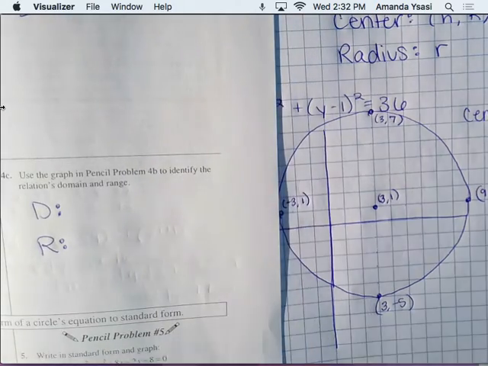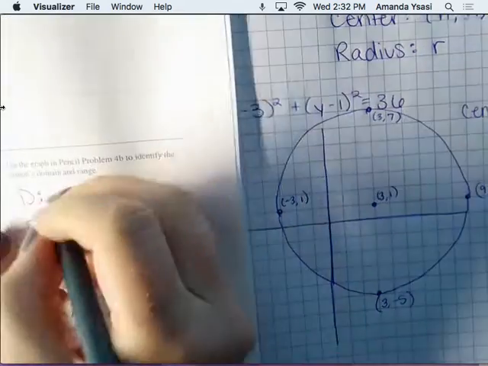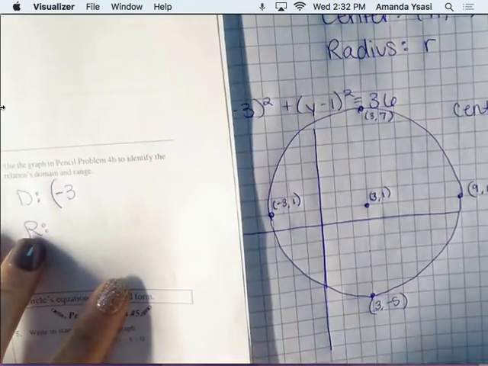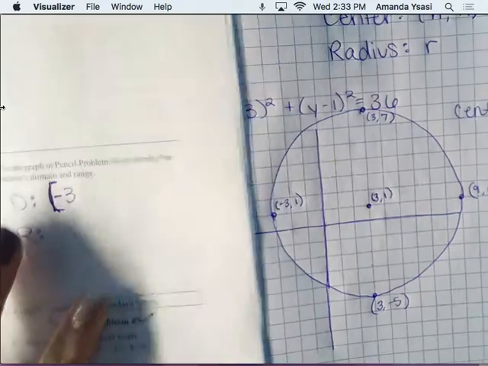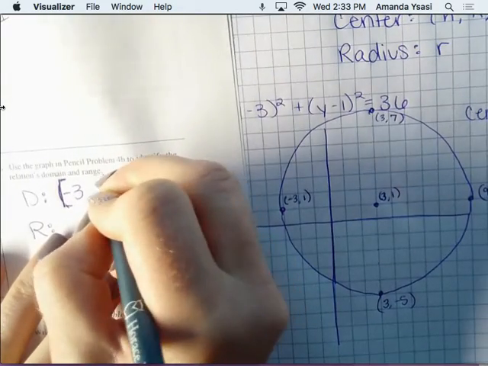So domain is your x values. What is your smallest x value? Negative 3. Let's do it as an interval. Oh, it's included, so that should be a bracket. And then it goes all the way to 9.